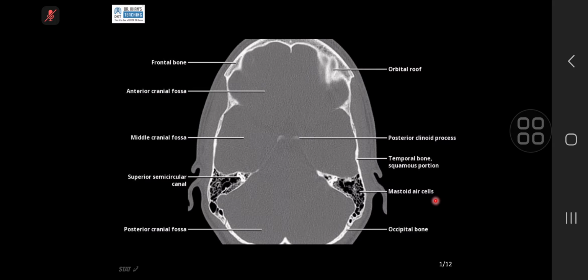The temporal bones are paired, the frontal bones are paired, but in the midline is ethmoid bone, which produces the middlemost portion of the anterior cranial fossa. And then we have got sphenoid bone and we have got occipital bone. So let's orient ourselves. Just concentrate on the temporal bone.